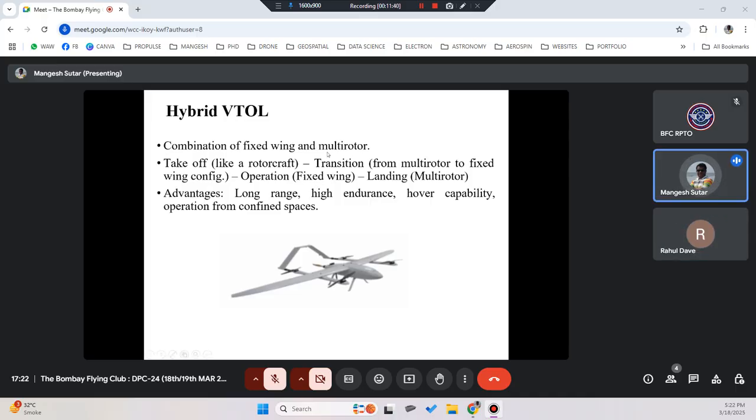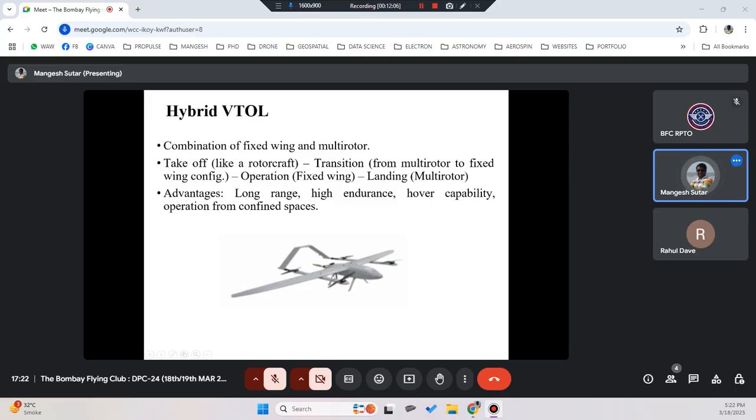Correct, because here you are even doing transition, like when you're in the flight itself, you are changing from what we call multi-rotor mode to fixed wing, or fixed wing to multi-rotor. So that's a little bit crucial. But still, I can say it is more stable, because nothing would happen even if, let's say, you stop the fifth motor.